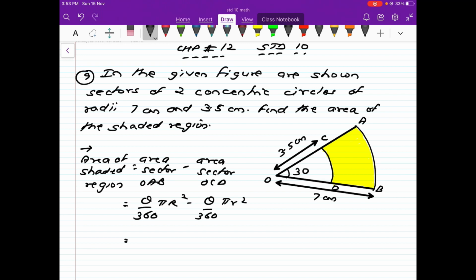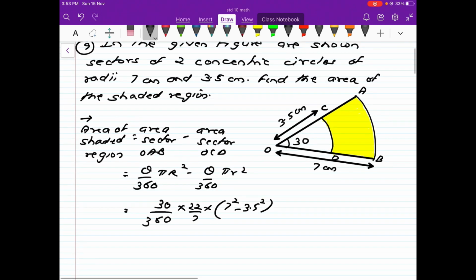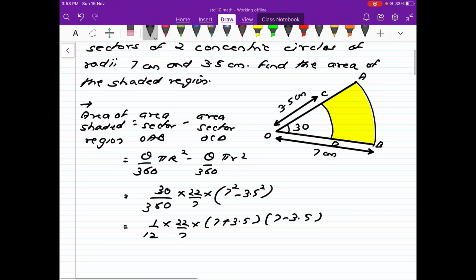So we can take this common. So it is 30 upon 360 into 22 by 7 into r square. The bigger one is 7 square minus the smaller one, 3.5 square. So 1 upon 12 into 22 upon 7 into, we can use that identity, (7 plus 3.5) into (7 minus 3.5).